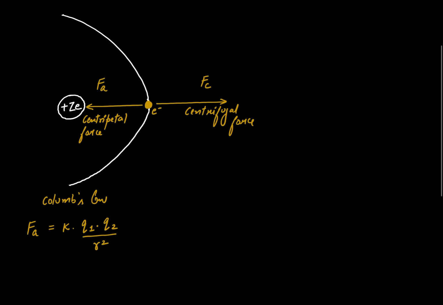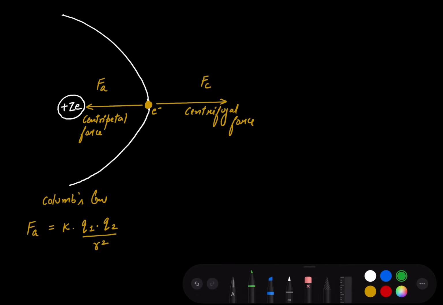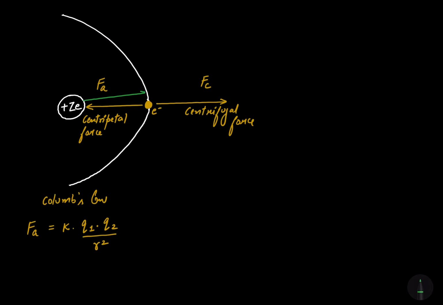Now let's talk about what's r over here. It is the distance of the orbit from the nucleus, that's small r.